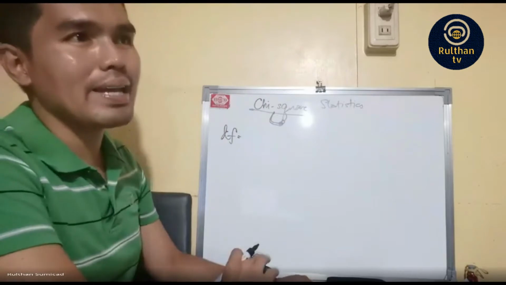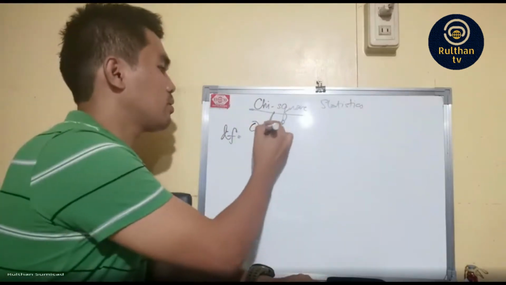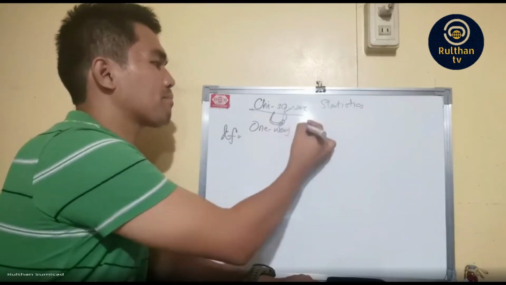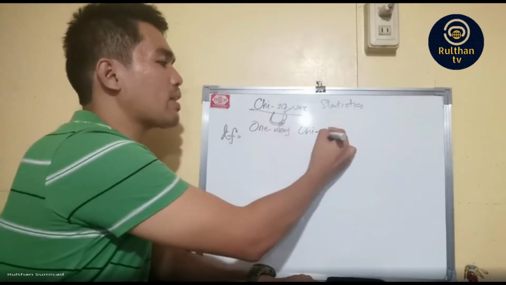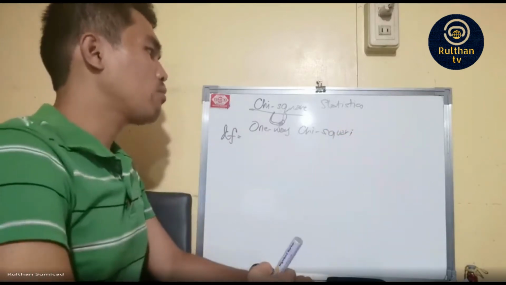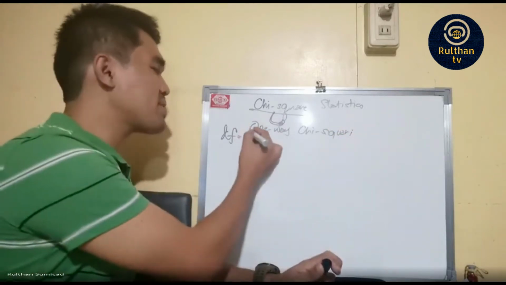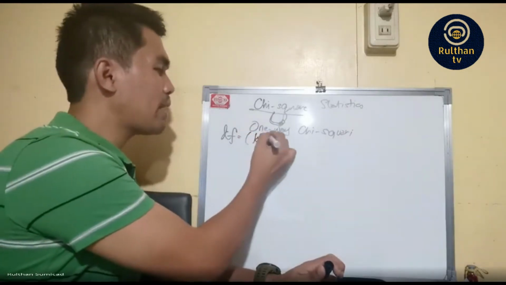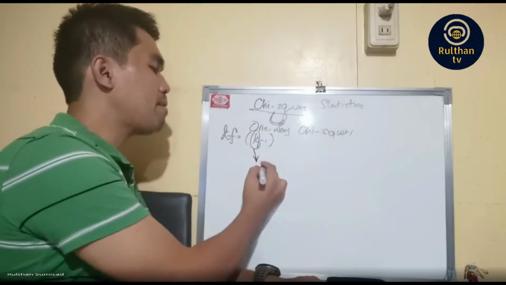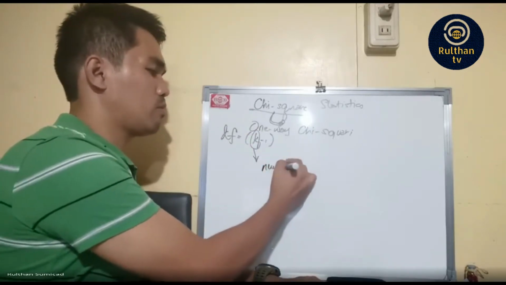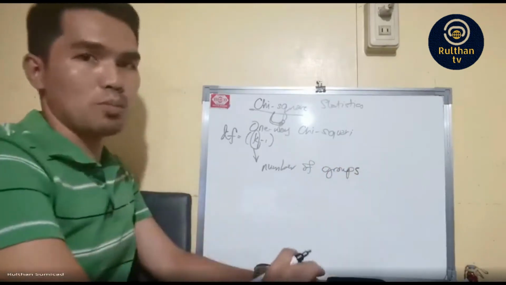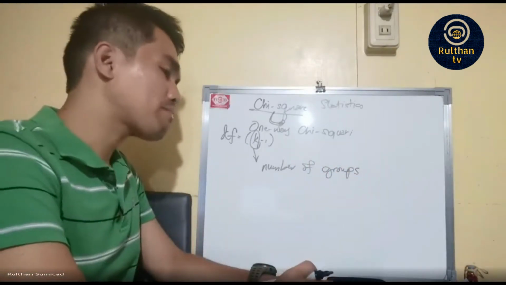Of course, in this case, if it is one-way chi-square, take note of that. For one-way chi-square, the degree of freedom is basically k minus 1, where k is the number of groups or groupings.